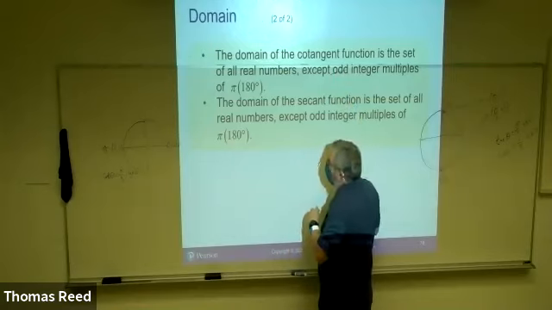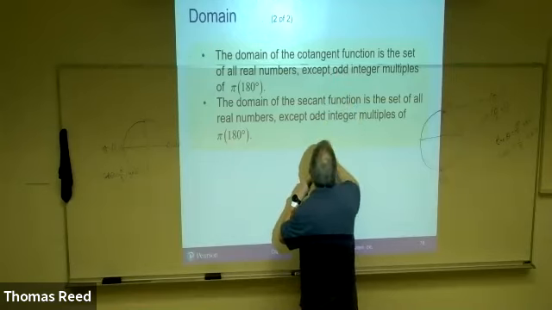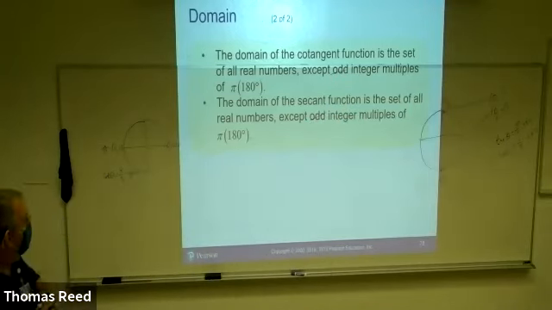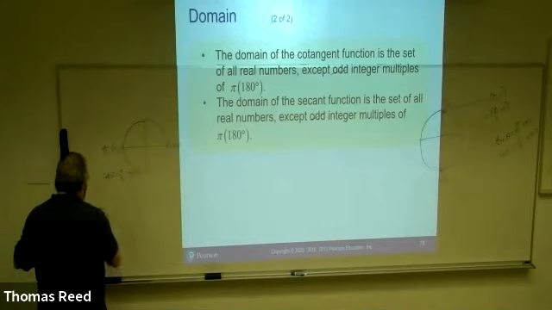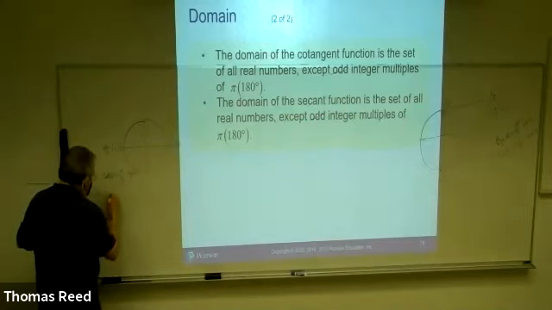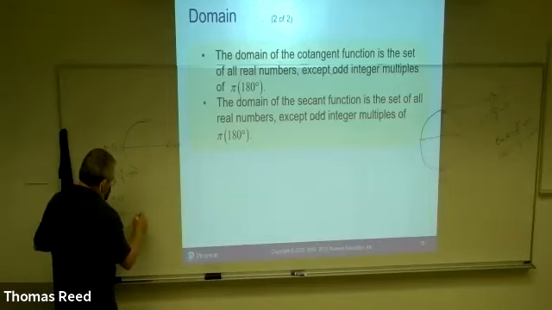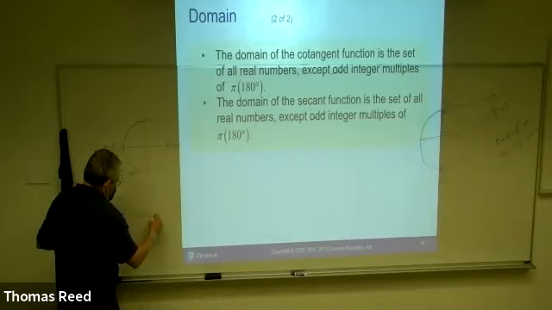It's not just the odd integer multiples, it's any integer multiple. And realize 0 is an even number. So 0 times pi is 0. 1 times pi is pi. 2 times pi is 2 pi. And if you go the negative route, -1 times pi is negative pi, and -2 times pi is -2 pi.